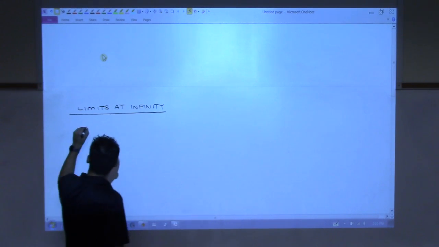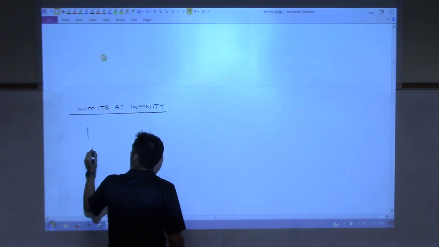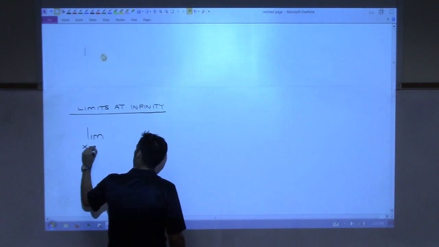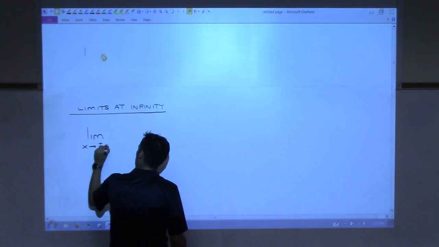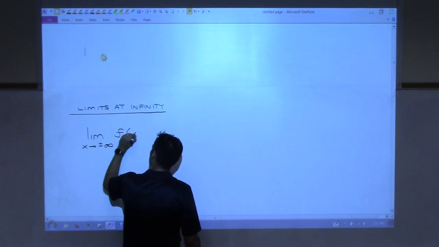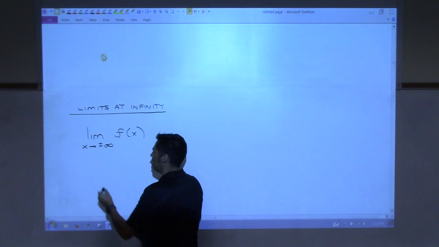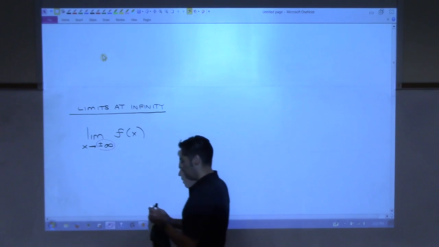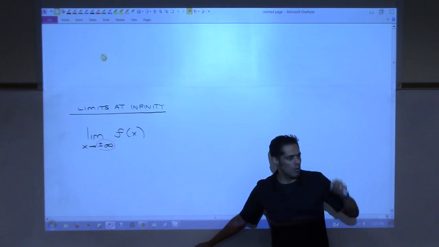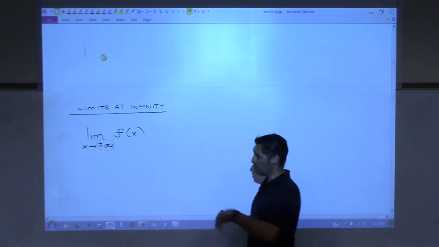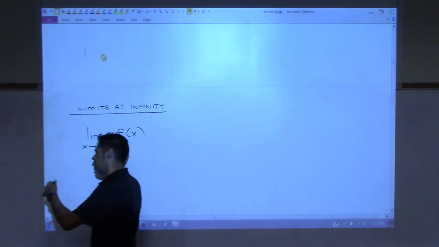Here, all limits at infinity look like this. Limit as x goes to plus or minus infinity of f of x. The big change here is that up to this point, we've always let x go to a number, a, x go to 2, x go to negative 3, from the left or from the right.